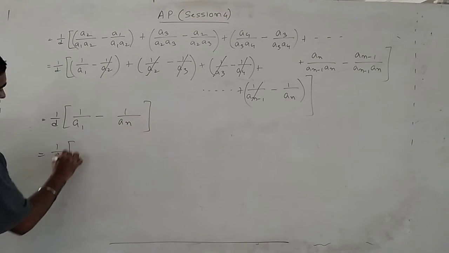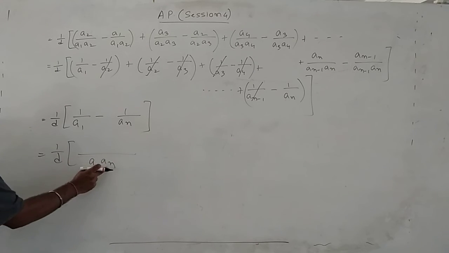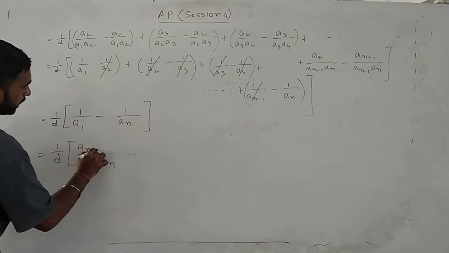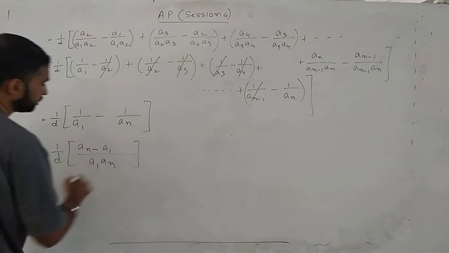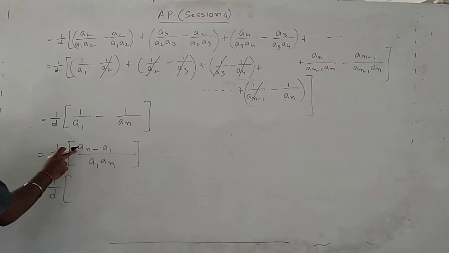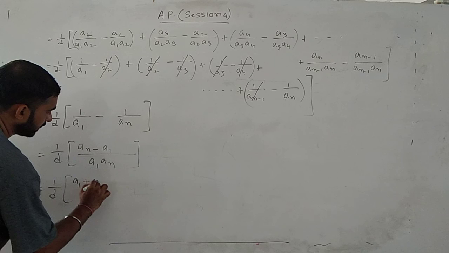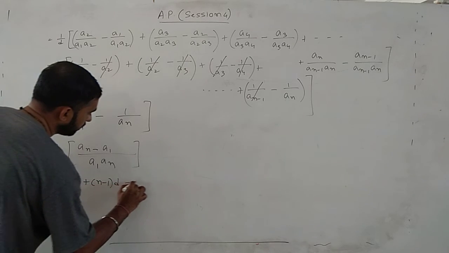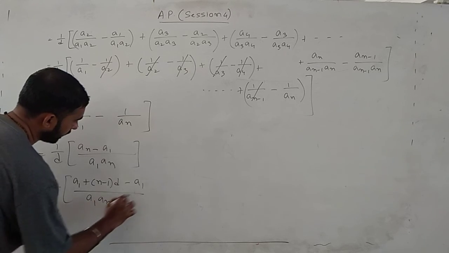Now here, what is the LCM? a1 an. So this cancels, an into 1, an minus a1, equals 1 by d. Now an formula: a plus n minus 1 d, but here a means a1, first term is a1, so a1 plus n minus 1 d minus a1 by a1 an.